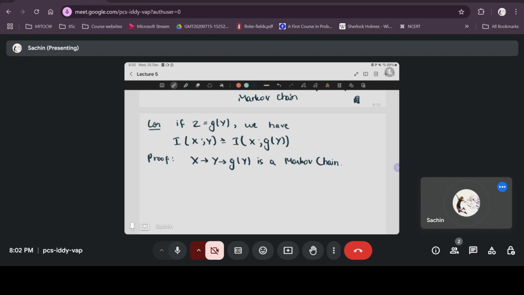That means g of Y, which is a function of Y, which you could say you've done some processing or manipulation on Y, doesn't give any extra information than what Y would directly give you.